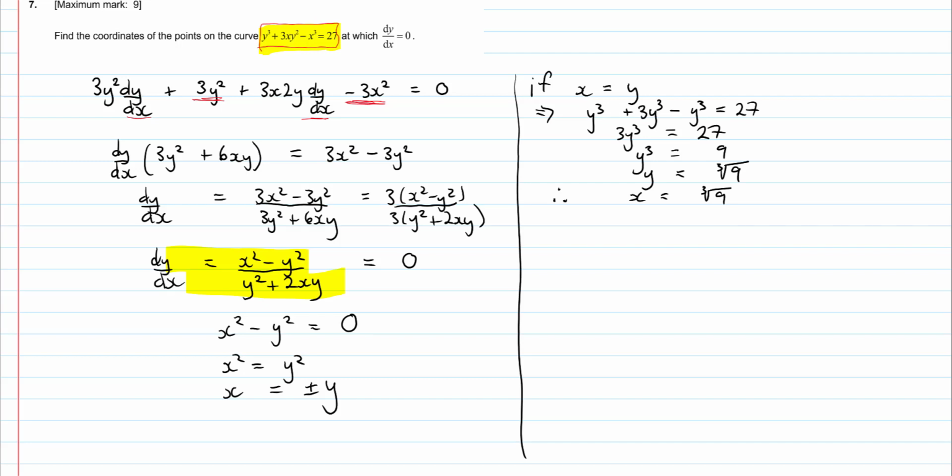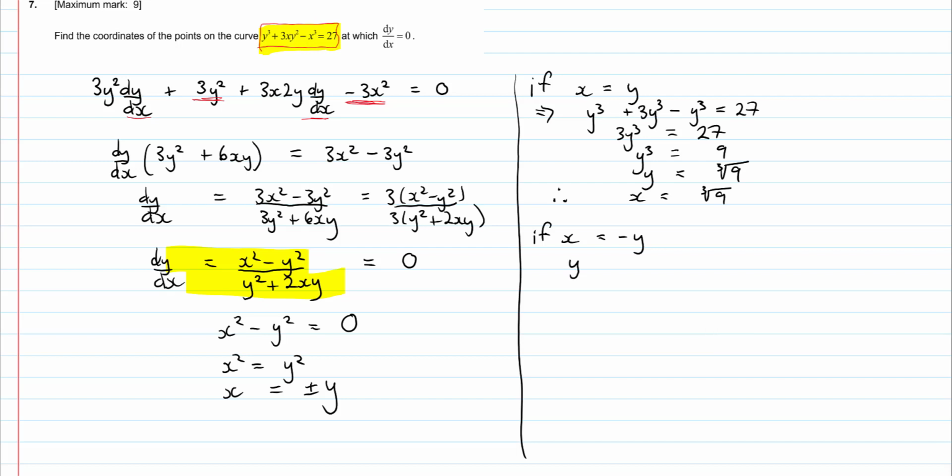So that's one set of coordinates, and the other situation is if x is equal to negative y. Wherever we see an x, we'll just substitute in negative y to the equation that was given in the question.